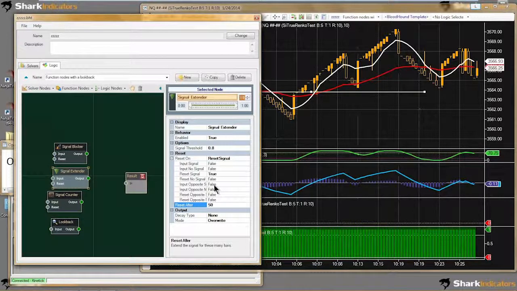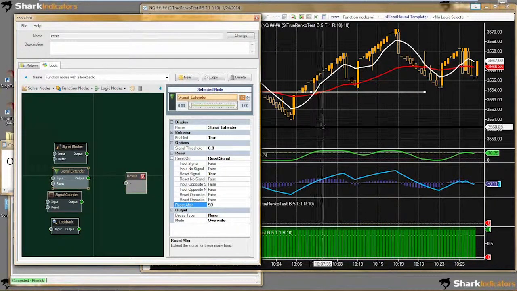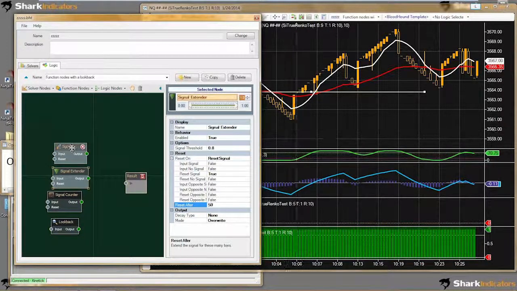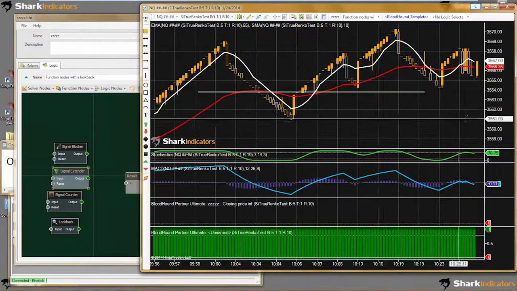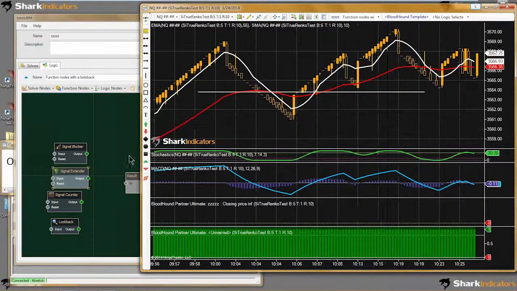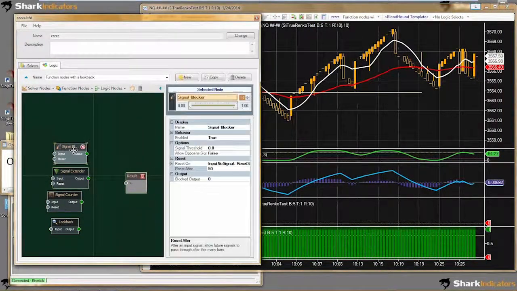That in itself can be really intensive CPU usage. So when you start adding a lot of these function nodes, you're asking the computer to constantly be counting back however many bars you have set here.